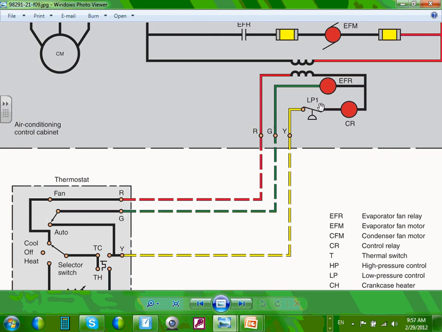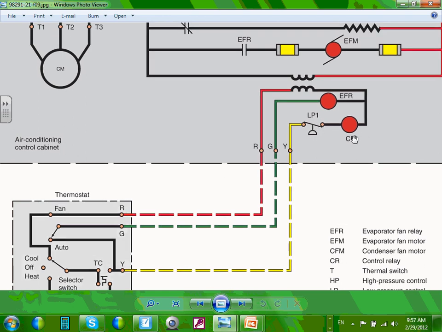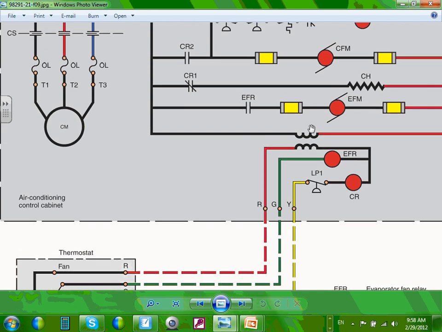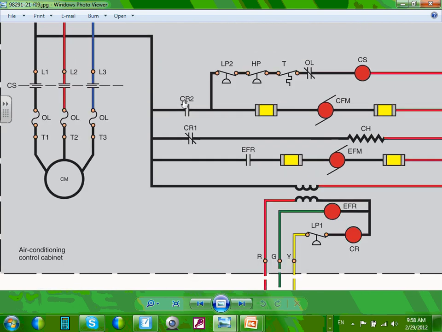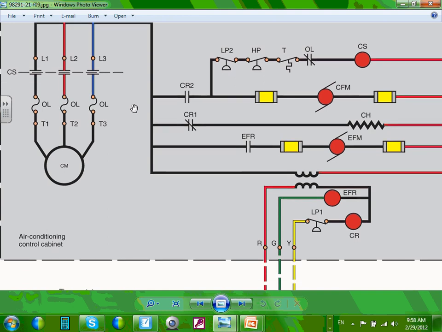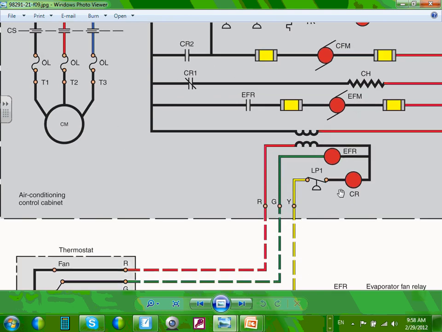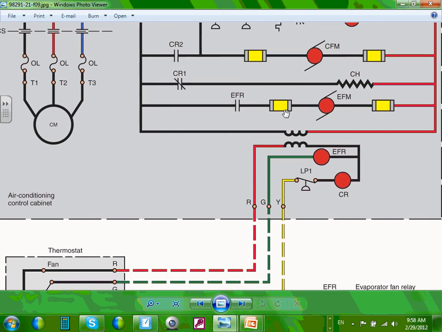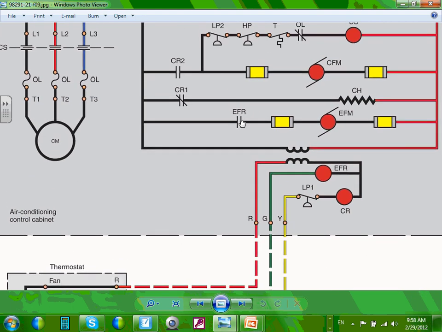And then there is no low pressure situation. The CR will energize. When CR is energized, control relay 2, CR2, will energize. Now CFM is running, as well as the compressor. There is also EFM2. EFM is the evaporator fan. The evaporator fan will also run.